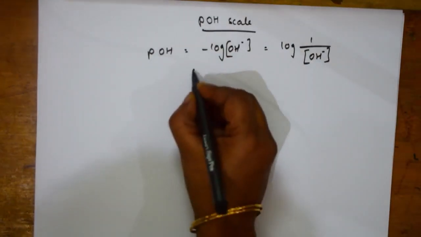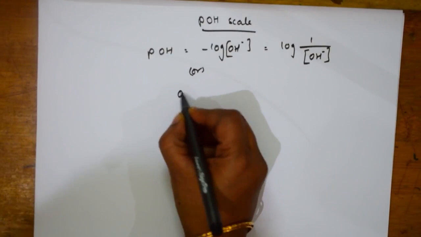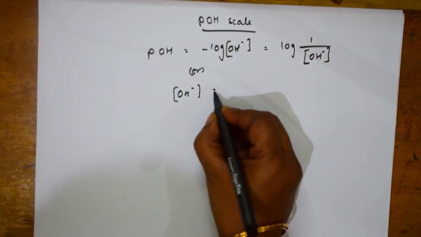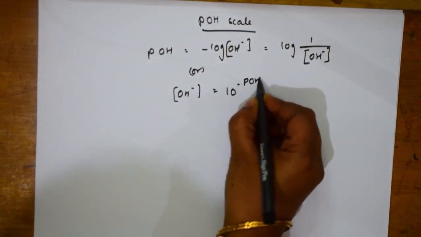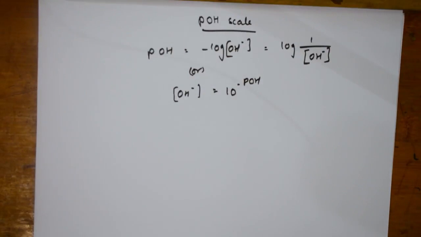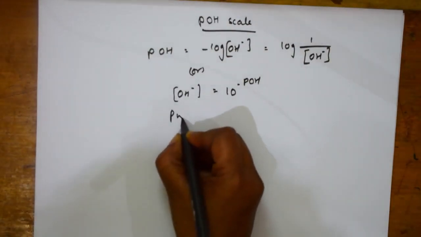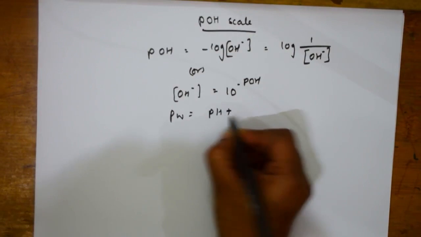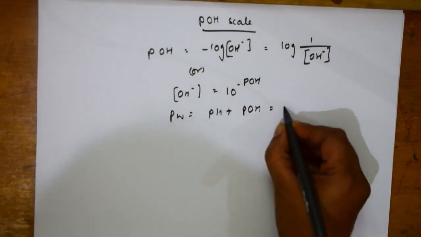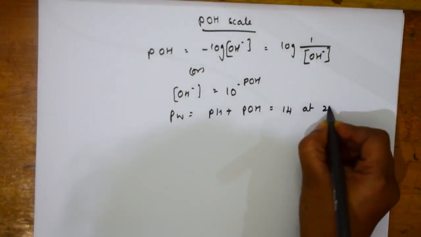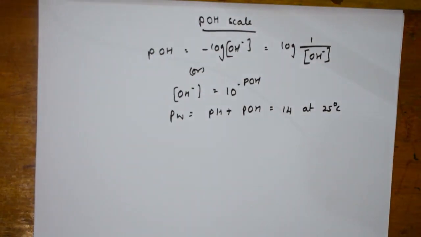So I can write OH minus as 10 to the power minus pOH, the same concept. We have also studied that pH plus pOH is equal to 14, at 25 degrees centigrade.